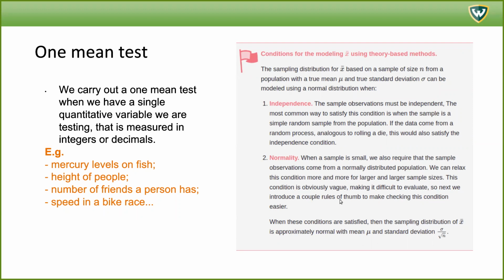When these conditions are satisfied, the sampling distribution of the sample mean is approximately normal, with the mean the same as the population. So we're saying that if the data seems to be normal, then we can assume that our mean is also going to be the population mean.